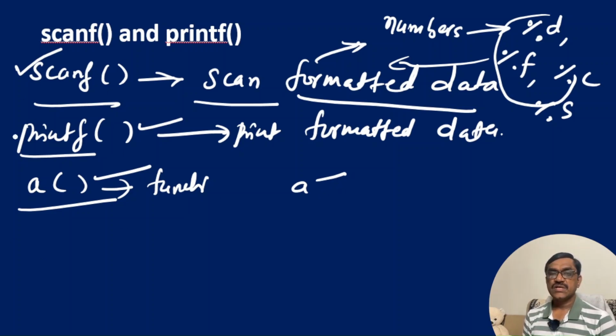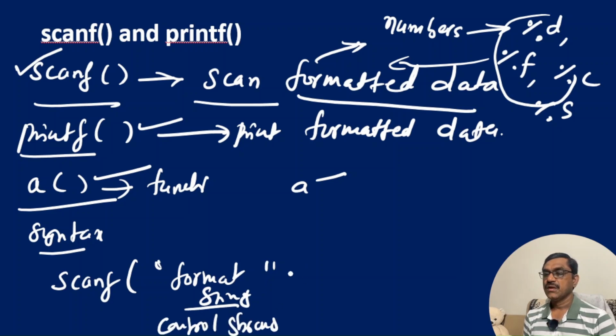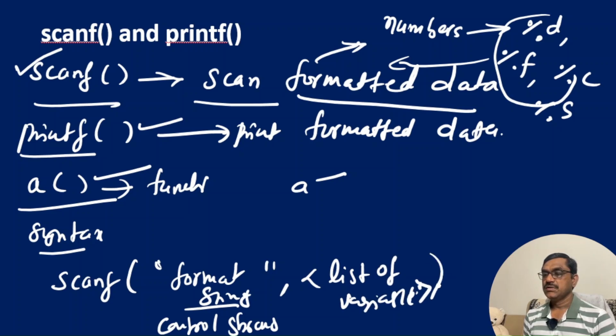Now we will see the syntax of the scanf statement. The syntax of the scanf statement is like this. We write scanf, and here we are mentioning the formatted string or format string. Another name for that format string is control string. Then a comma, and here we are mentioning the list of variables.